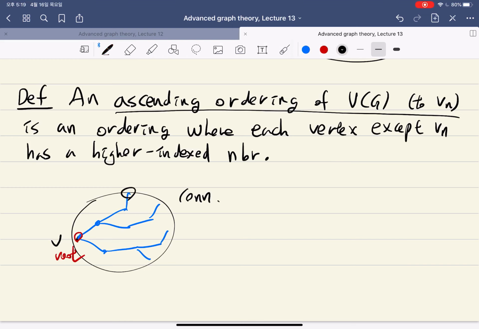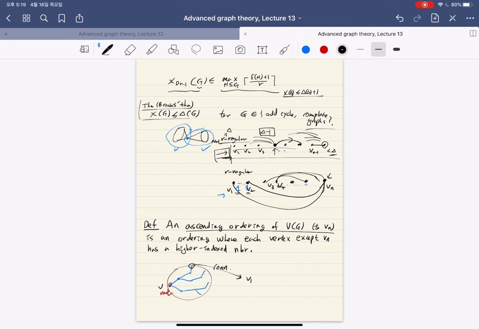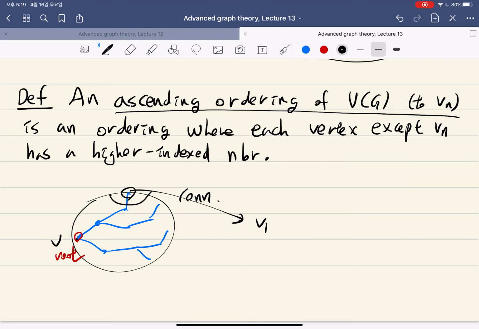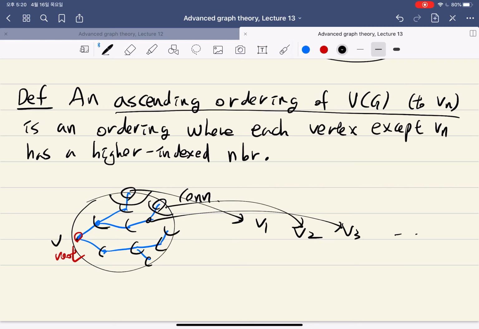And every time you take one leaf, and write it as v1. Then you delete this vertex from the tree, take another vertex and put it as v2, and delete it, and another vertex as v3, and so on. So every time you take a non-root leaf, because there are at least two leaves in every tree, and at least one of them is non-root. So you can keep doing it until there is only the root left, then you put it last.